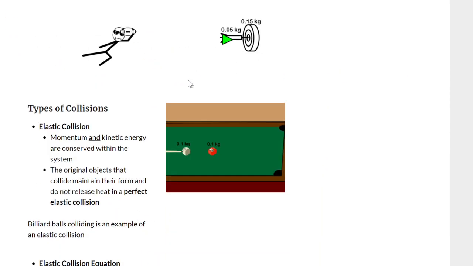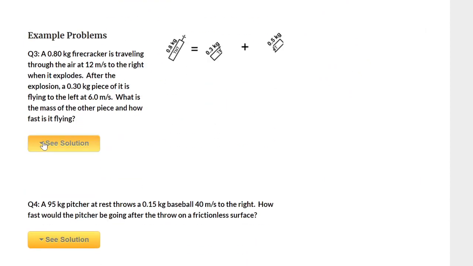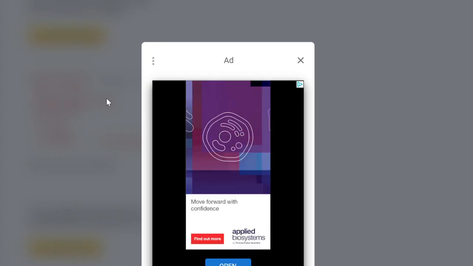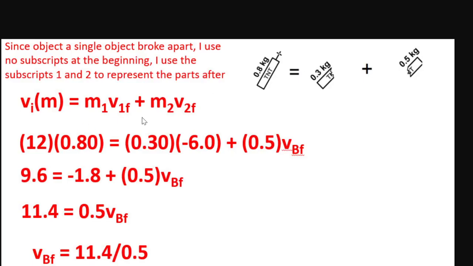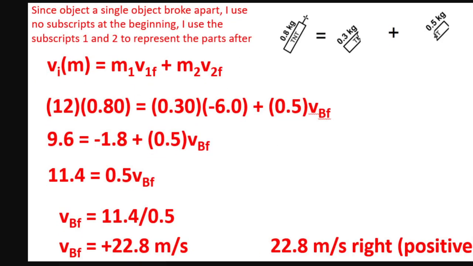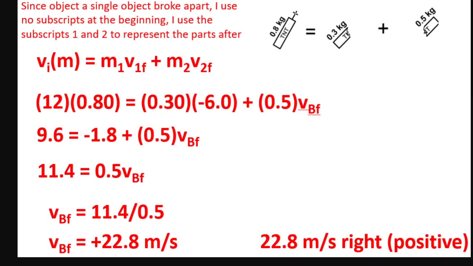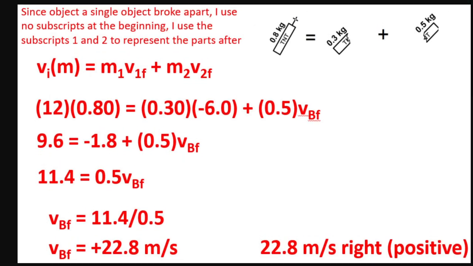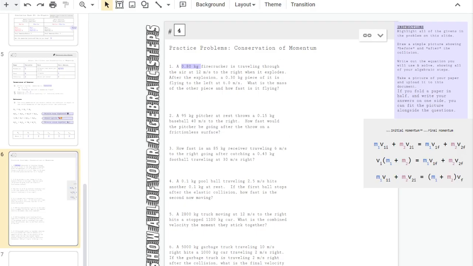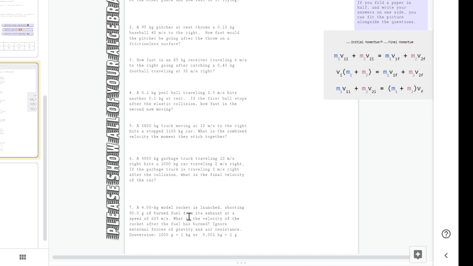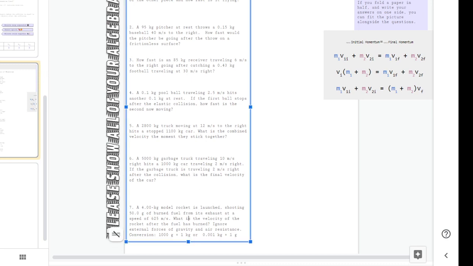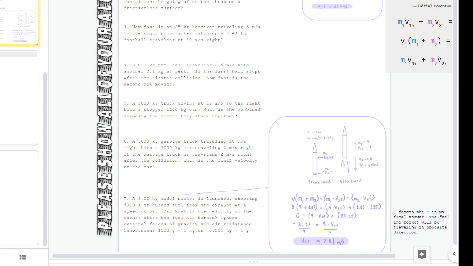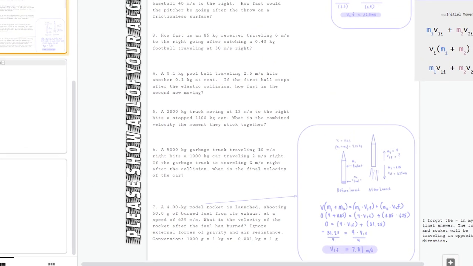So a lot of these have pictures drawn for you, and they also have solutions that are completely written out step by step and described. So I highly recommend, if you feel like you're getting stuck on this, check out the solutions, check your work there. And the only problem that I know for sure is not on the website, I have written out on my example notebook. So that would be number 7. Check out my example. I also posted something in the stream on Google Classroom about that.